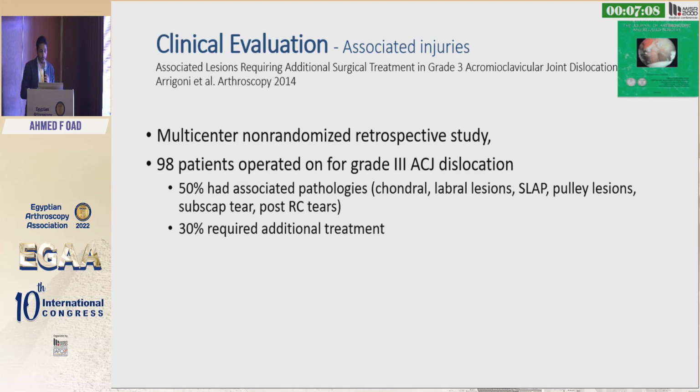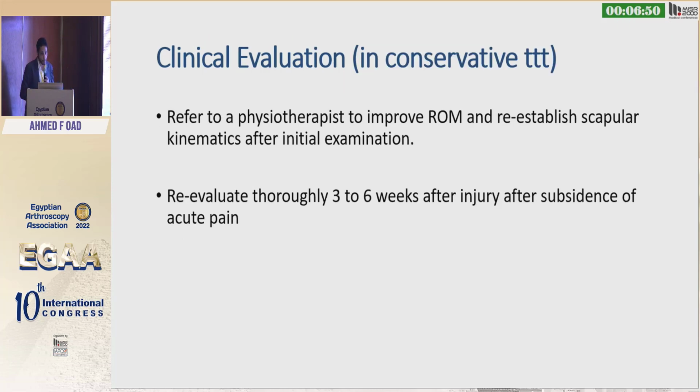Another multi-center study by Arrigoni et al. studied 98 patients, where he found that 50% of them had concomitant injuries, including chondral injuries, labral injuries, SLAP lesions, and rotator cuff injuries, but only 30% of these 50% required additional treatments.